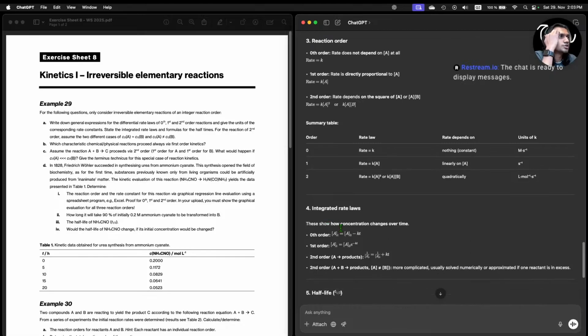Integrated rate laws show how concentration changes over time. Zeroth order.